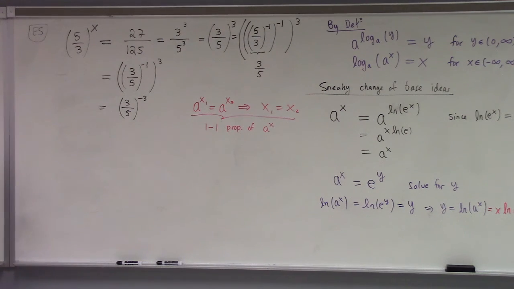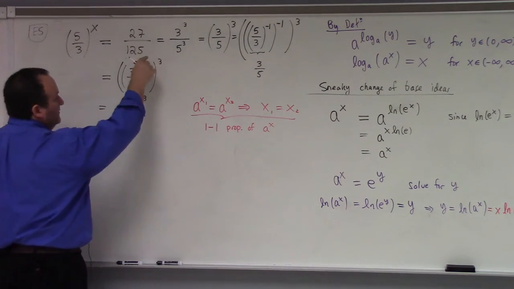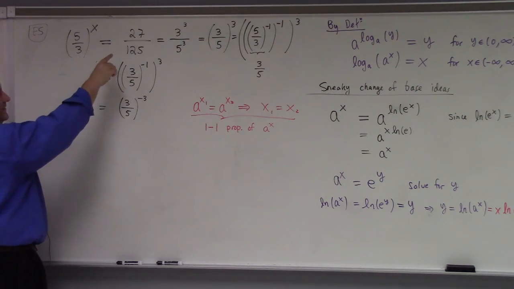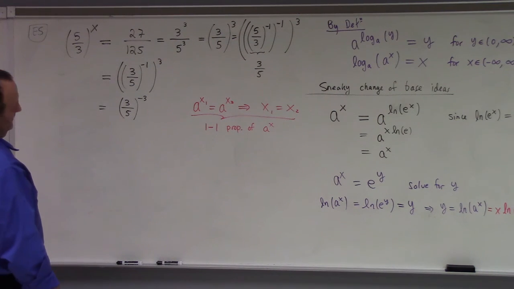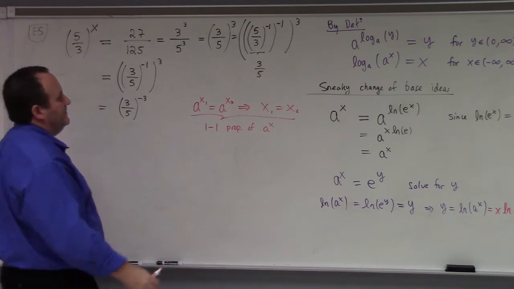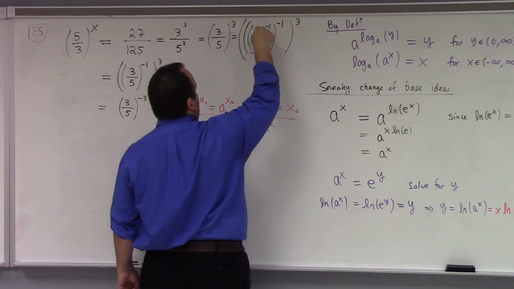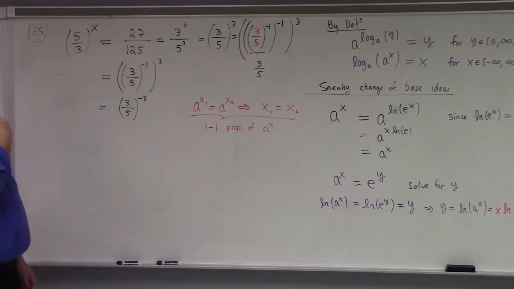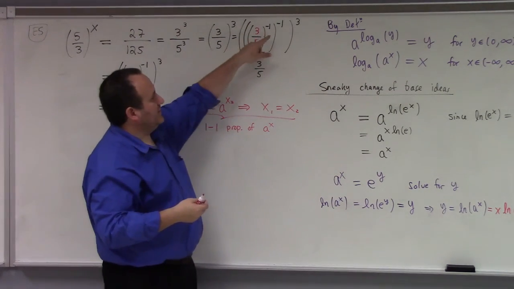And so recognize that we can apply this here because I've made the effort to rewrite 27 over 125 in terms of, oh man. This is why we can't have nice things. My bad, that was still 3/5. If you guys are confused, there's a good reason, because I made a typo. Why can I raise 3/5 to the -1 to the -1?